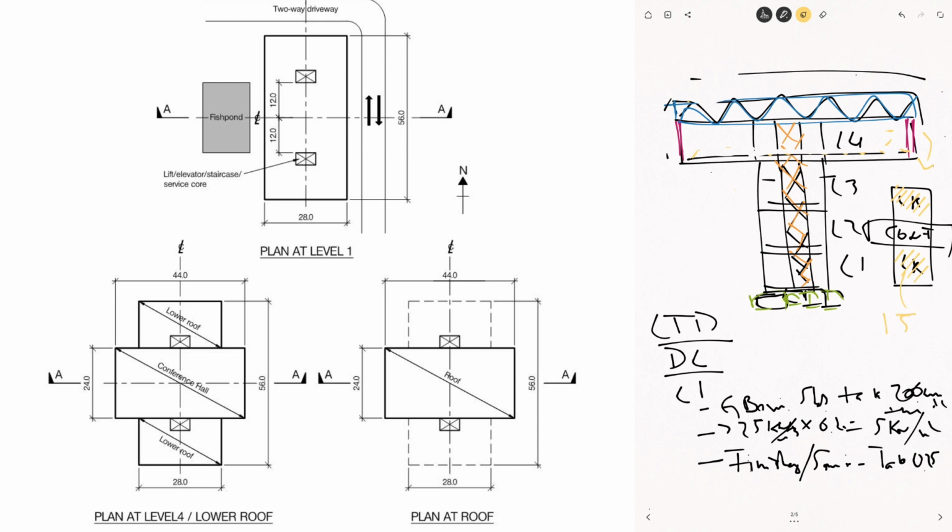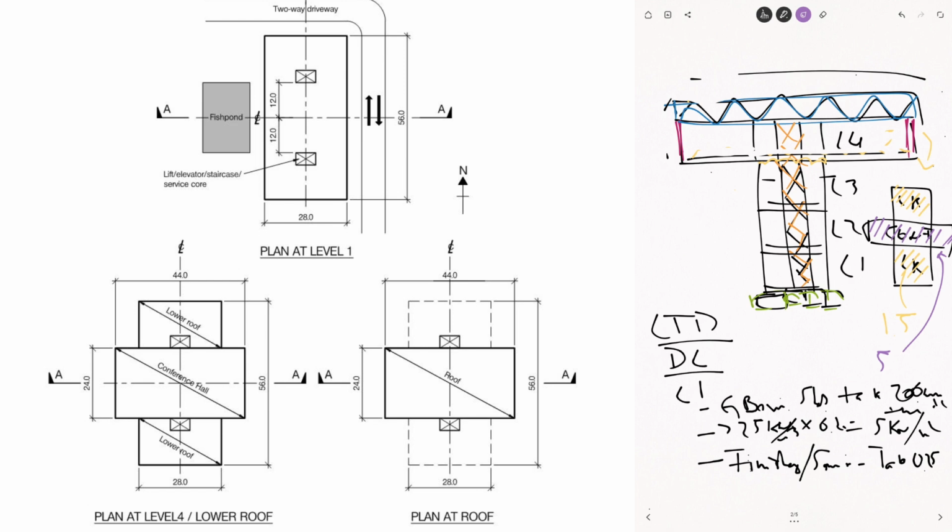And the conference hall is also basically over this area here, but in plan it is over this area. And in purple, I'm going to show over the conference hall, which is this area, the live load is 5.